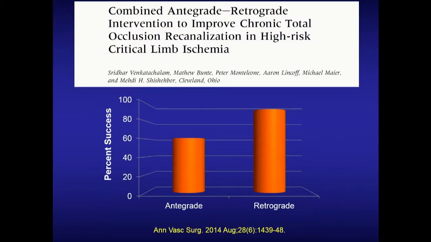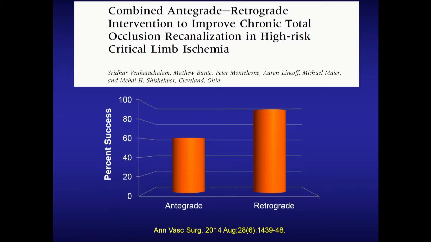So we wanted to come up with other ways of doing this and take it to the next level, meaning: can we have our own algorithm, as Subhash was mentioning this morning on the panel, for deciding when to go retrograde? We decided that we don't want to spend an hour or 2 hours trying different wires, maybe using expensive CTO wires or CTO devices to cross these lesions.